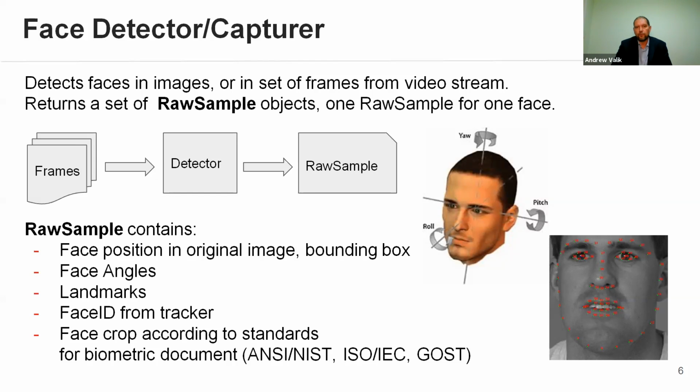The face ID comes from the tracker used to detect faces in a set of frames from a video stream.